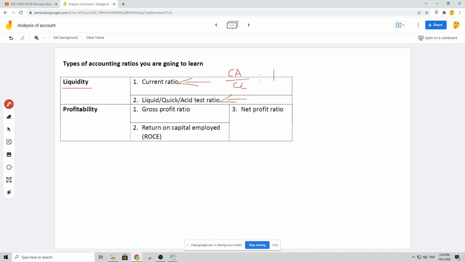Oh, Megan just left. Sorry, my Wi-Fi just lagged. No worries, Megan. Did you hear the question? I didn't hear it, sorry. No worries. I was just asking, if this is what the current ratio is all about, then what's so different about the quick ratio?